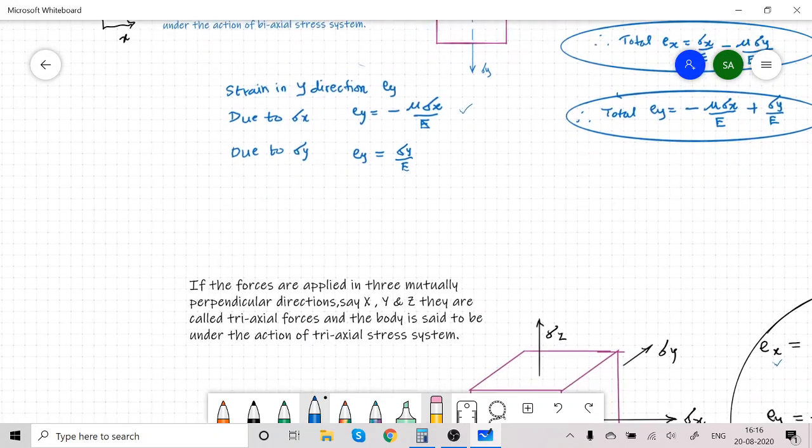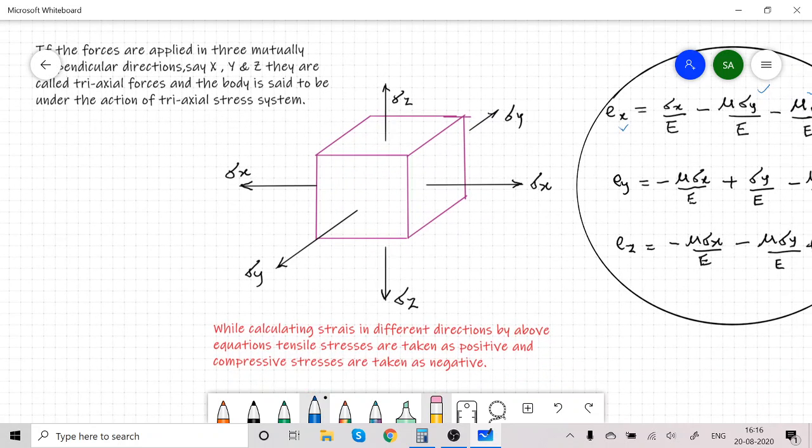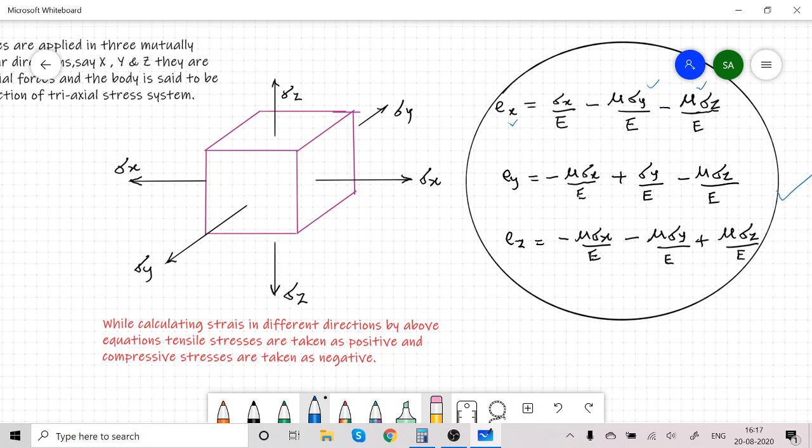Now we consider the triaxial stress system in which the stresses are applied in three mutually perpendicular directions x, y and z. Then there will be strain in all the three directions Ex, Ey, Ez. Just like in the biaxial stress system, I consider the lateral strain.